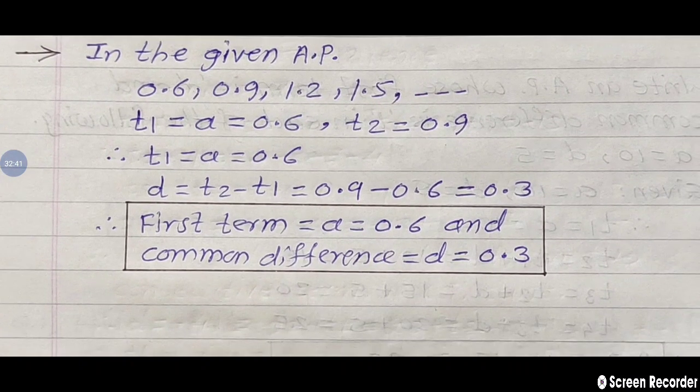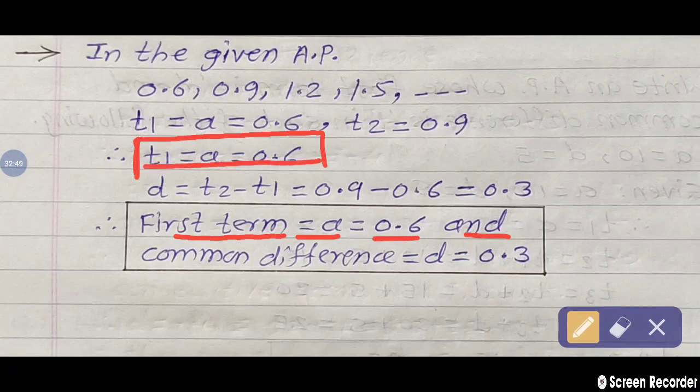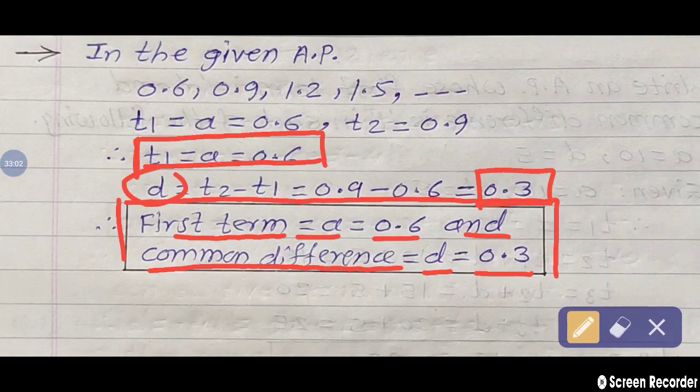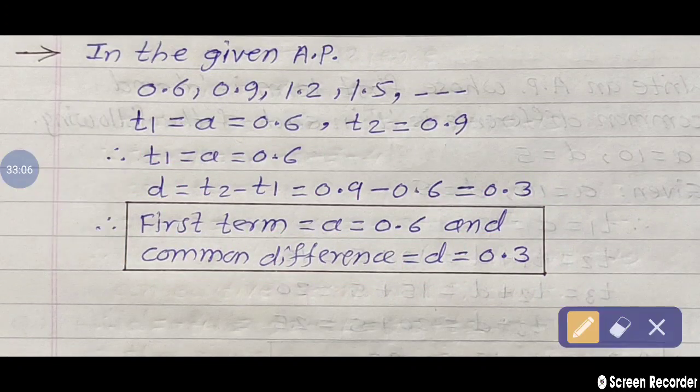Therefore, first term A is equal to 0.6 and common difference D is equal to 0.3. We highlight our final answer in this way.